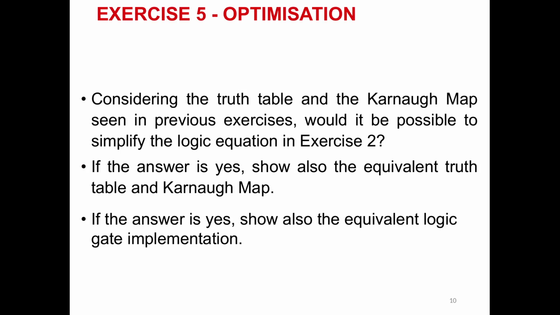If the answer is yes, show the equivalent truth table and Karnaugh map, and show the equivalent logic gate implementation. And of course, we know that if the answer is yes, the equivalent truth table and Karnaugh map will not be changed, so we will not go into detail of this part.